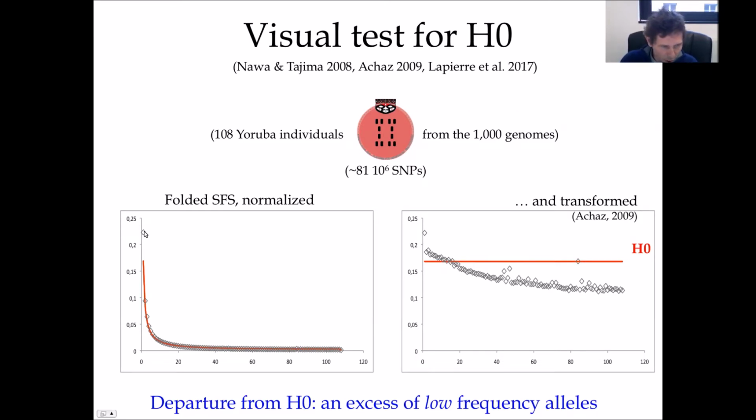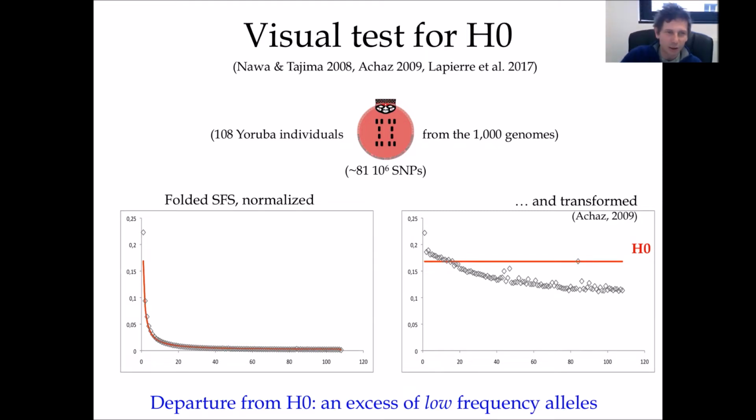What you observe is the diamonds here, which means there are more rare variants, and the very frequent variants seem to be less represented. Note that in that representation, I did not take into account the ancestral and derived states, so I don't know if a variant is very rare or very frequent.